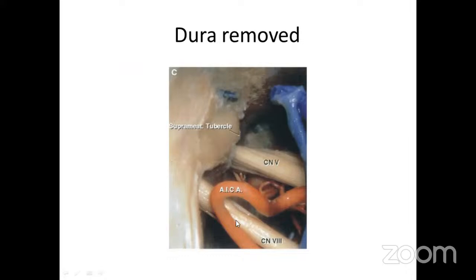So here we are now seeing the origin. It comes from the vertebral artery, goes superiorly, takes a loop over the surfaces of these 2 nerves, and from here it goes towards the middle cerebellar peduncle, then goes to the fissure, and then goes to the petrosal surface. So every artery has the same course.